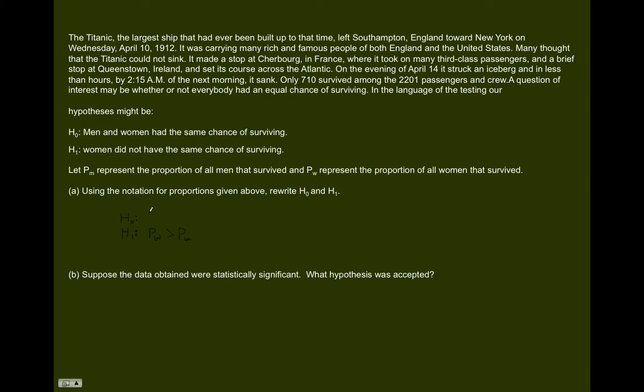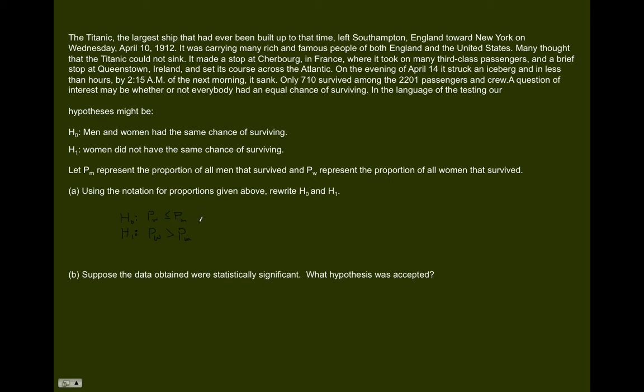In the null, or in the nothing theory, what we would say is that the proportions are equal, okay? But we also could throw in the less thans. In this way, we have a true dichotomy because we have all such possibilities covered. Less than, equal to, and greater than. So now, one is true or the other is true. They can't both be true.